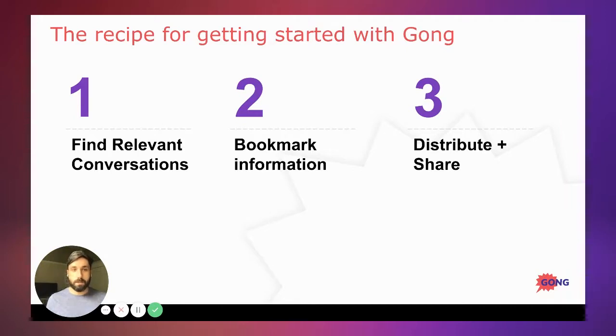Gong is going to allow you to take all of the call and interaction data that your company collects and cut through the noise in order to help you answer specific questions. So I'll show you some of the ways that we do that. Gong will then help you bookmark that information so that you can find it later, and you can package it so that finally you can distribute and share that information to go from research to action. Let's hop into Gong, and I'll show you how I do this on a daily basis.